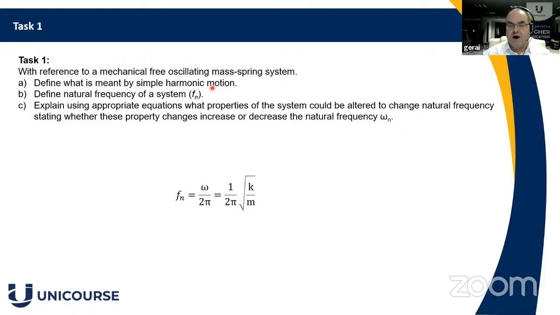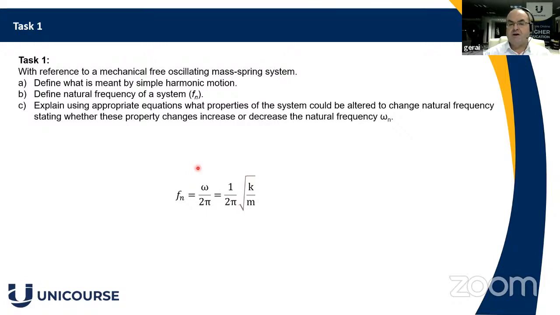I don't expect you to derive the equations, but just say what it is and maybe include the equation for simple harmonic motion. Define the natural frequency of the system. The natural frequency is the oscillations when there's no damping, and that's given by our expression down here. So you can define the natural frequency from the work we've just done.